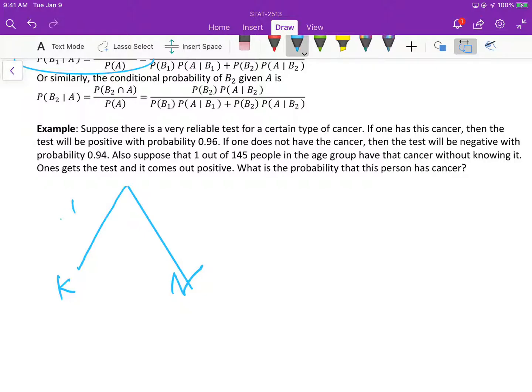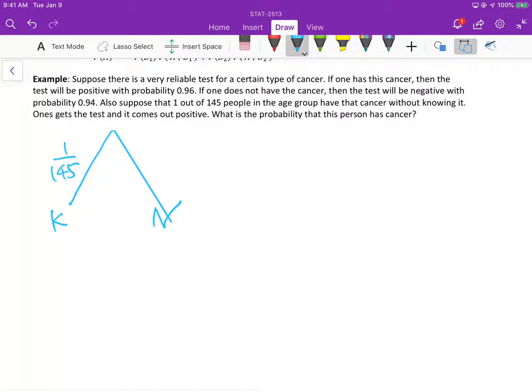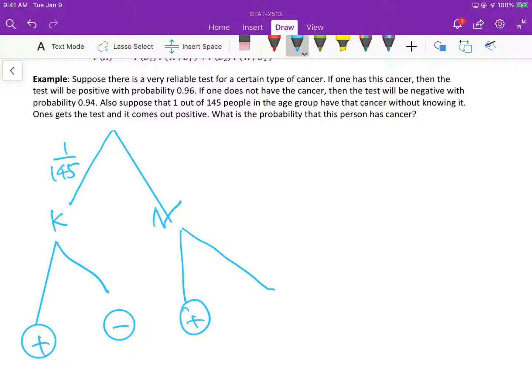So this probability is 1 over 145. And when a person takes the test, the result can be positive or negative, right? So the result can be positive and the result can be negative. In this case, the result can also be positive, result can be negative, right?